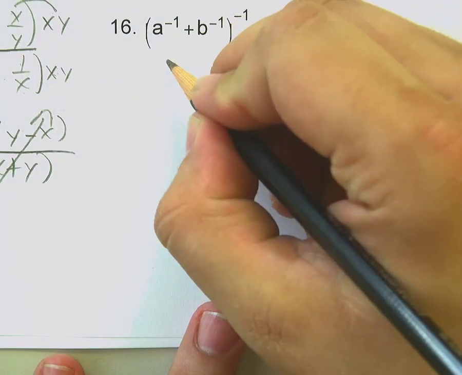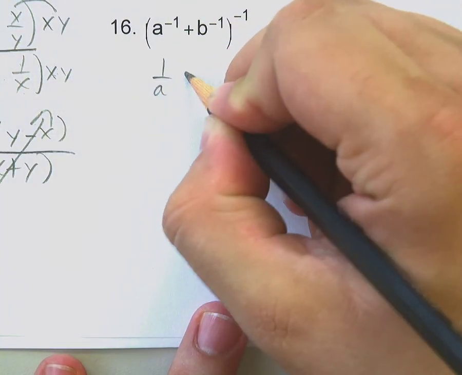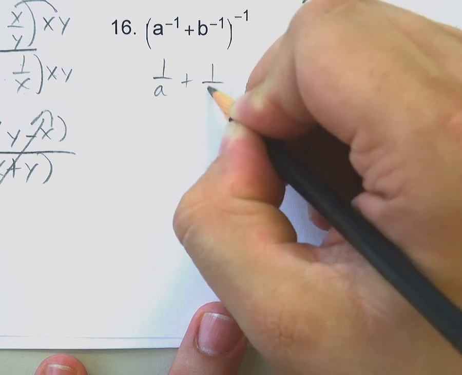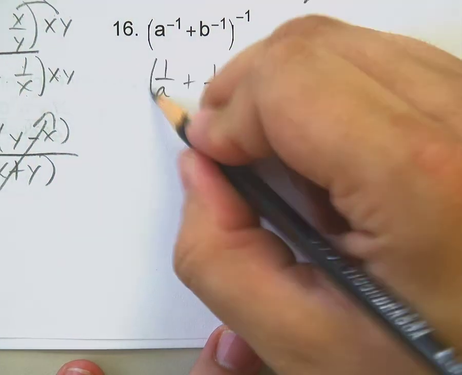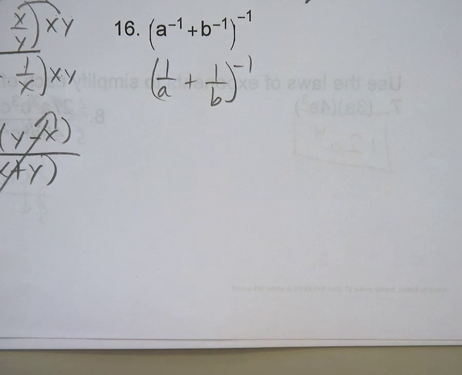All right, first off, 1 over a plus 1 over b, all to the negative 1. Okay, this one gets a little funky. You know what? There's another way I'd want to do this. Traditionally, you work from the inside out, but I think I see a different way.